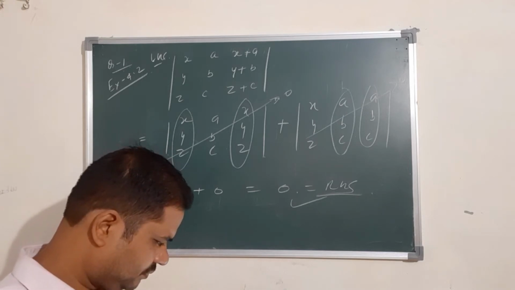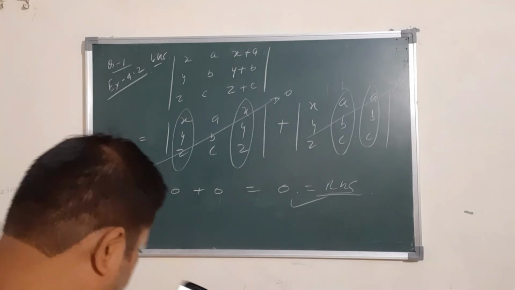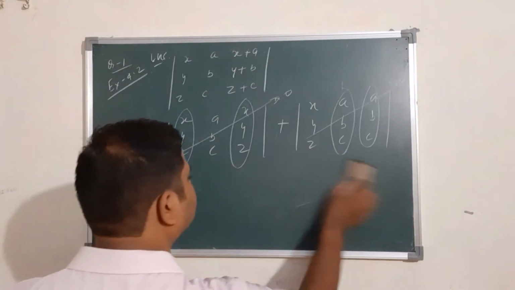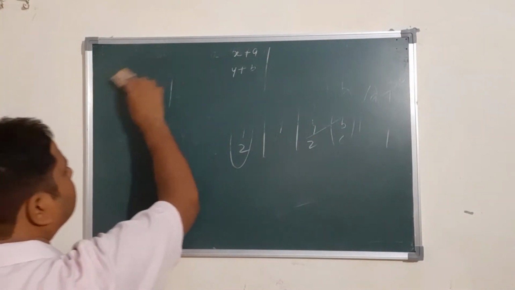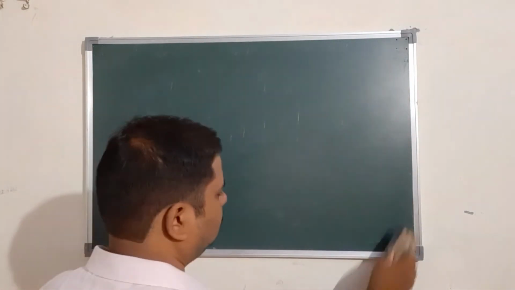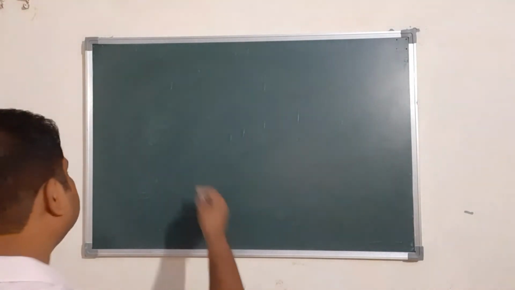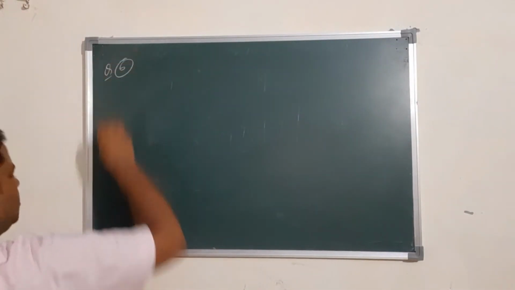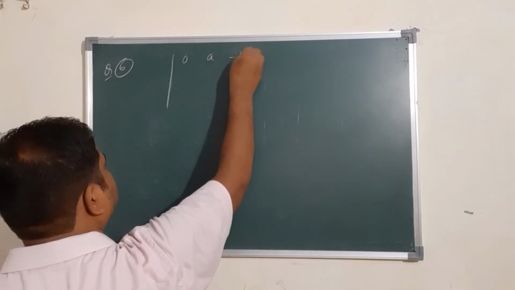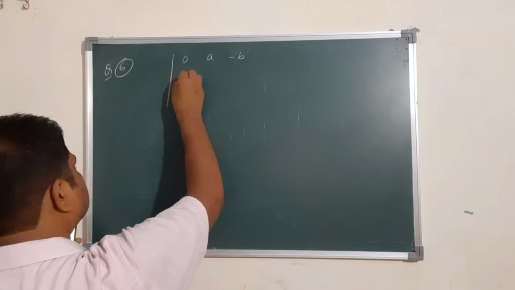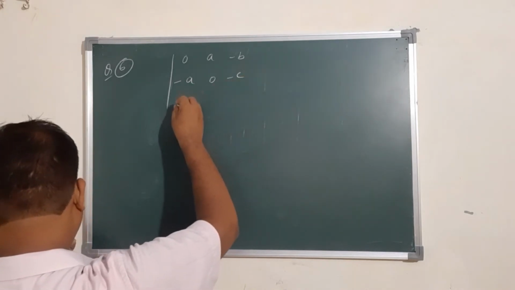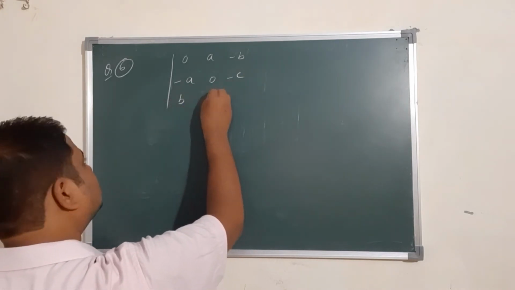Question number 6. This is also an important question. Maybe in this you have some problem. The determinant is 0, a, minus b; minus a, 0, minus c; b, c, 0.